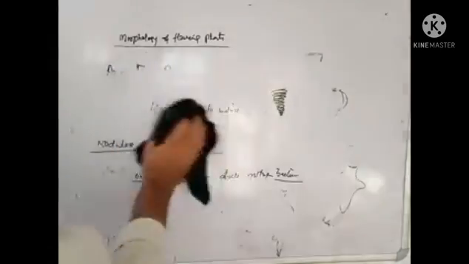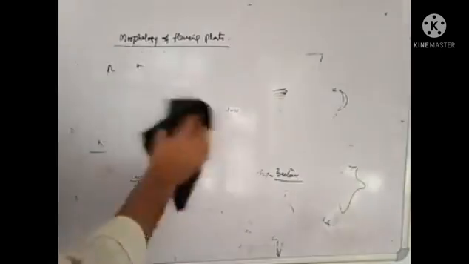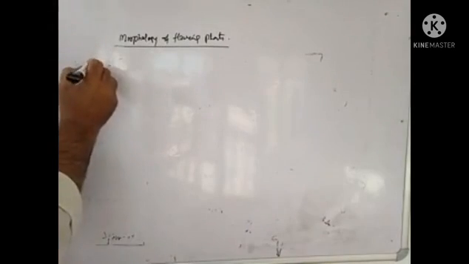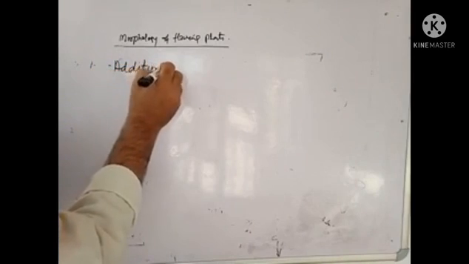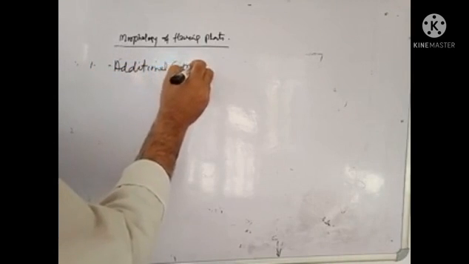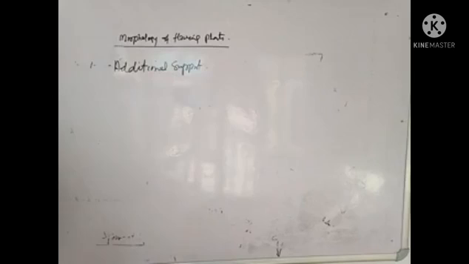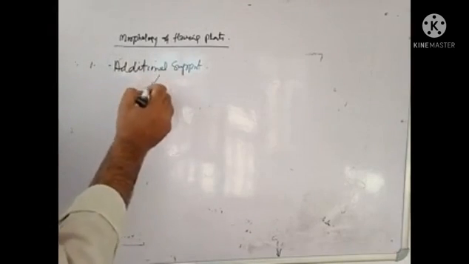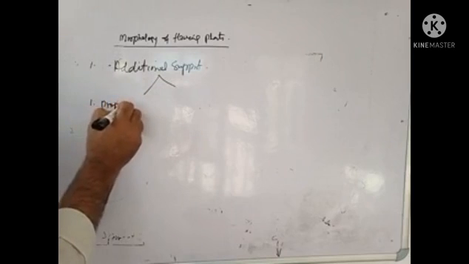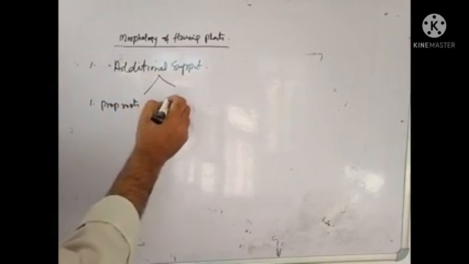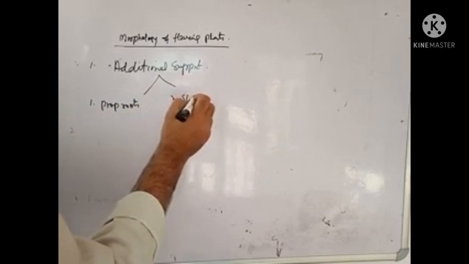Now the important functions attributed to adventitious roots are that they provide additional support. Here we have two types. Number first, prop roots. Number second, stilt roots.